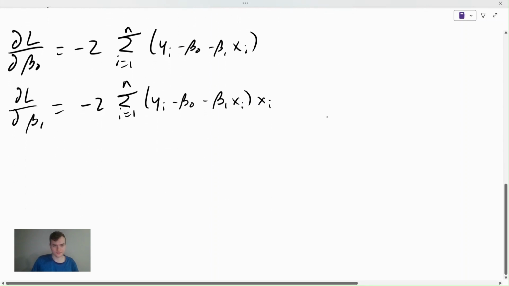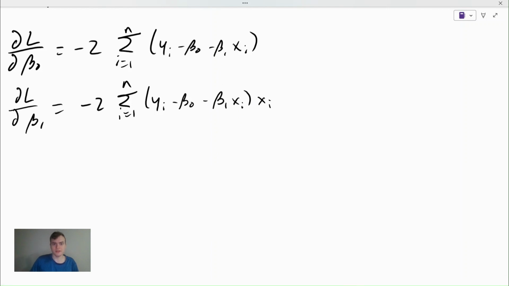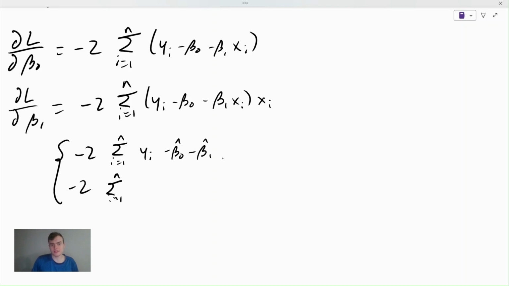And then to find the optimal beta 0, beta 1, we want to set these equal to 0, and both of them at the same time, right? So let's write out these equations again and replace beta 0 and beta 1 with beta 0 hat and beta 1 hat, and then set it equal to 0.